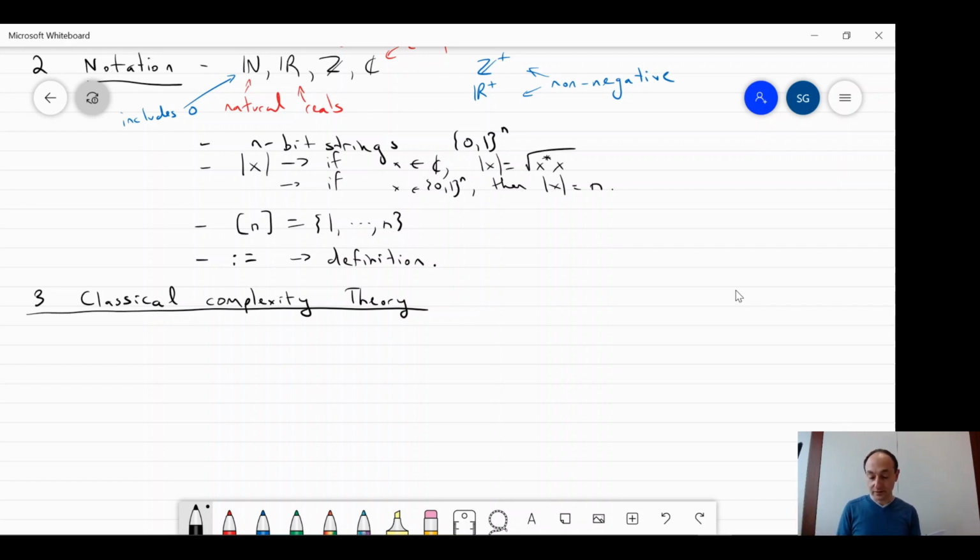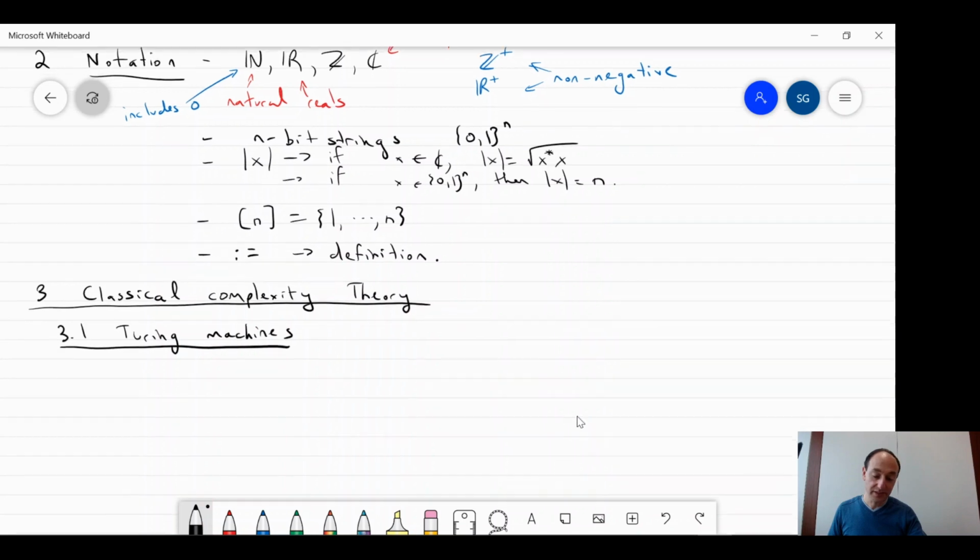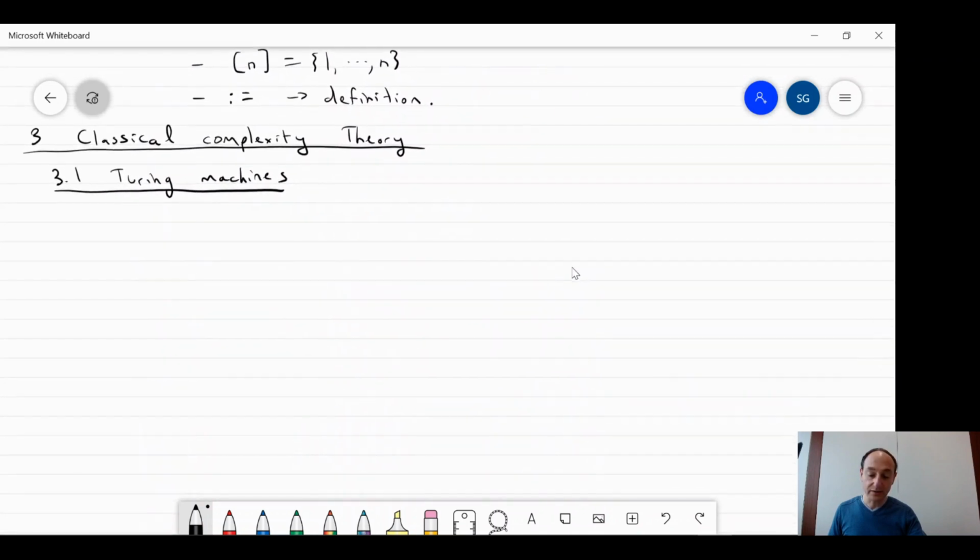So let's start with Turing machines, which I'm going to write down a definition for, but I'm really not going to spend much time on it. There are quite a lot of details you can jump into if you want to, but for our intents and purposes, what matters is the intuitive definition more than playing with the particular sets that I'm about to put down. What were Turing machines, just as a brief reminder?